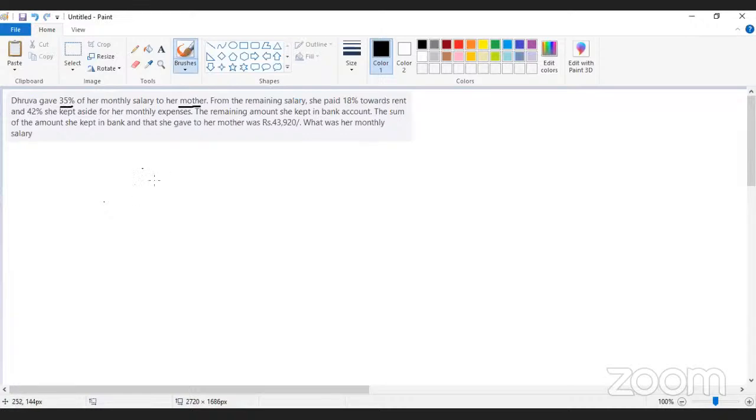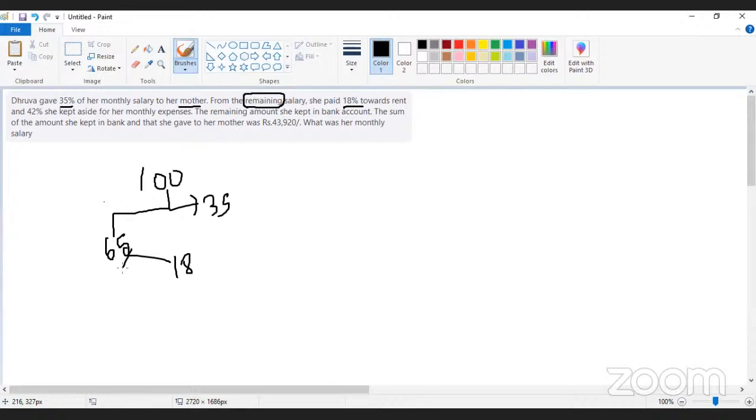Okay, she had 100%, so 35% to her mother. So the remaining salary she paid 18%. So remaining she had 65%. In this she gave 18% rent. Okay, you have a keyword called remaining. That means I will not be doing from the full value, only from the remaining value. So I have 65. What is 18% of 65?